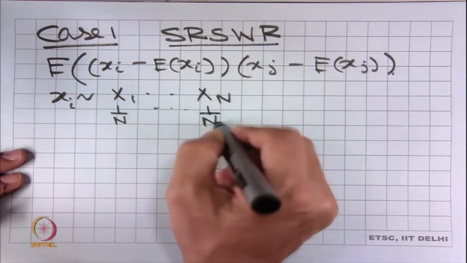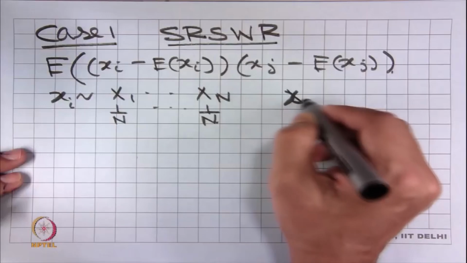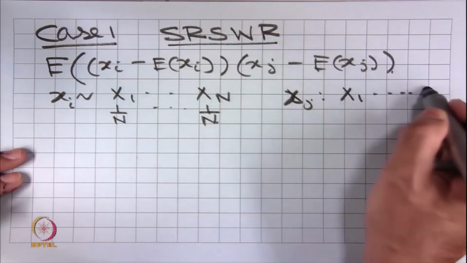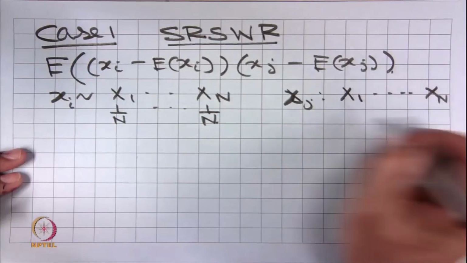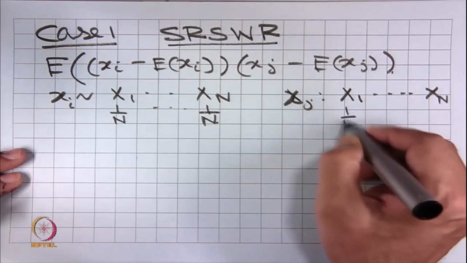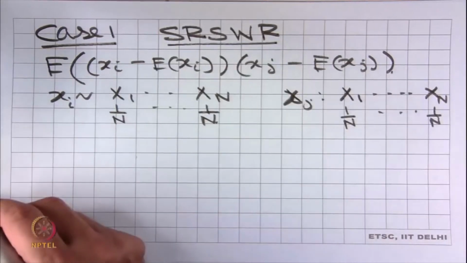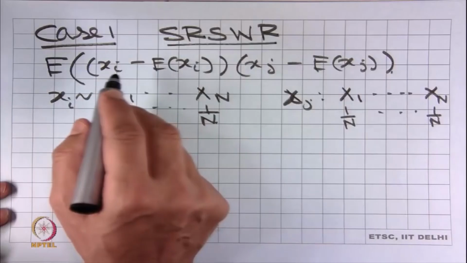Similarly, xj also can take x1, x2, up to xn, each with probability 1 by n.